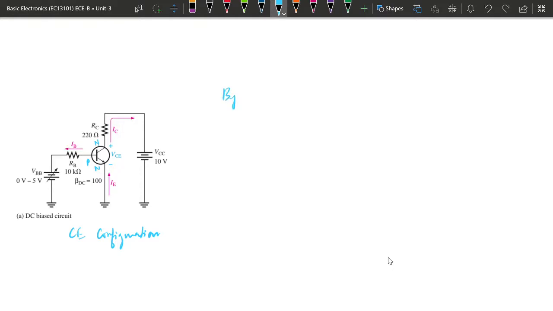So by KVL on the input side we can get VBB equals, whatever this is positive and this is negative, so this is VBE, the base to emitter voltage.